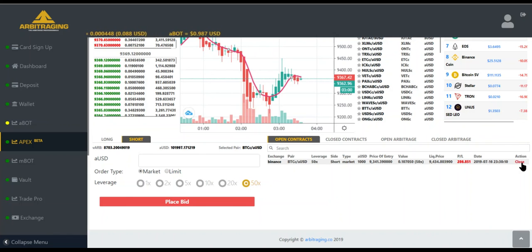But if you do the lower leverage, probably the 2 to 1, 5 to 1, you could do a 4-hour chart. I don't think it's a problem. Just wait for the candles to tell us which way it wants to go.